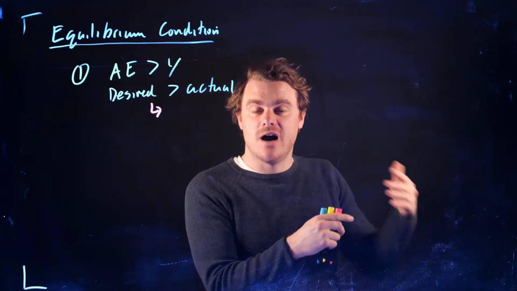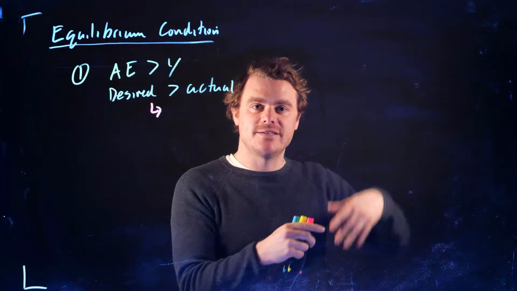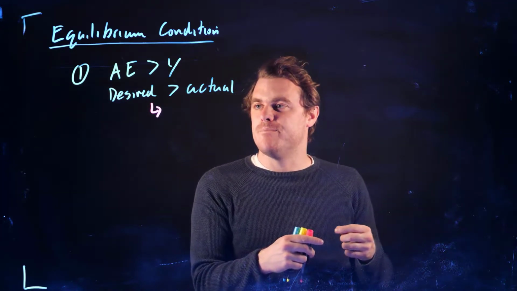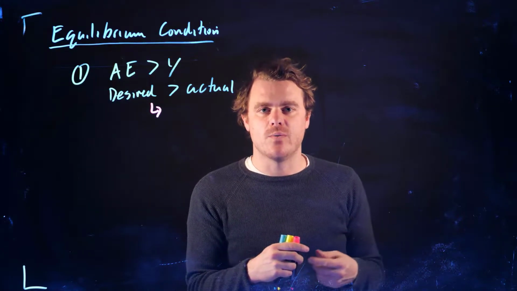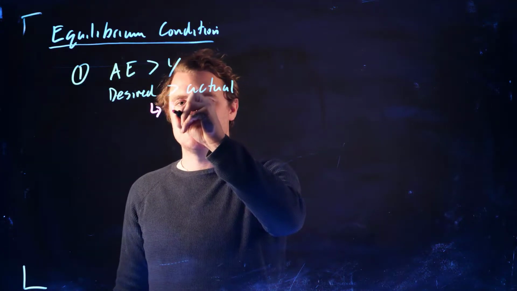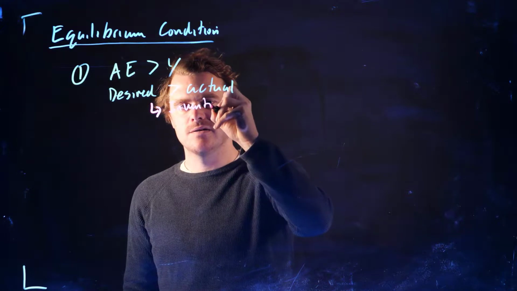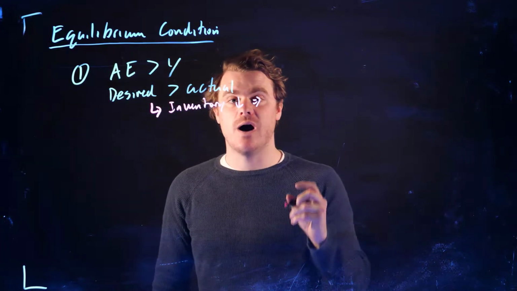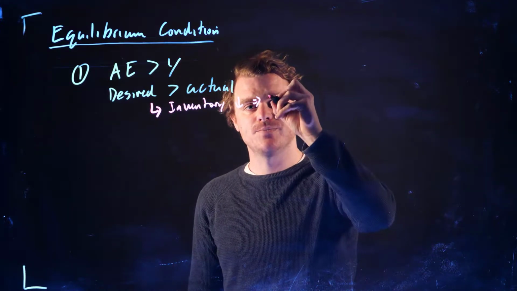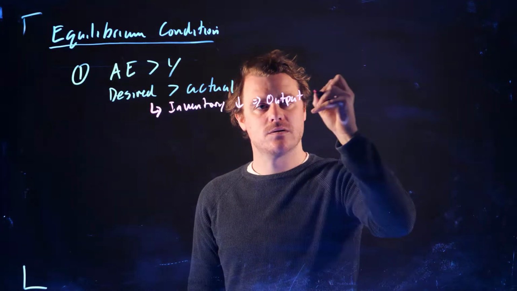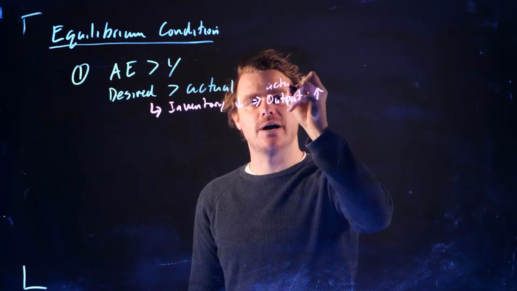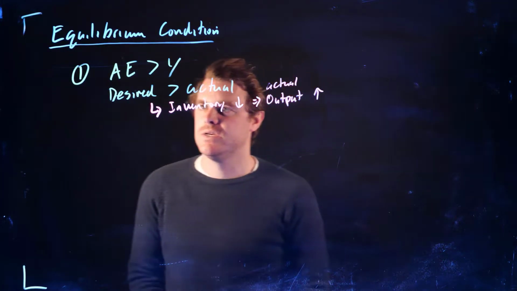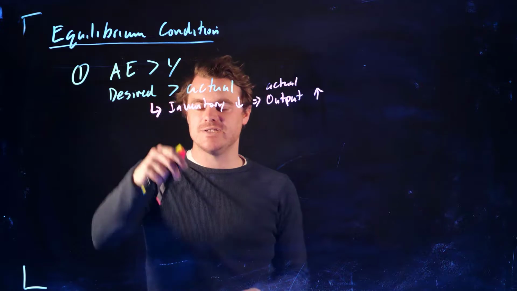We have to bring the stock from the back of the store to the front and order new stuff because people want to buy more than we thought they would. So inventory is falling, which means there's pressure on output to go higher. Think of that as actual output going higher. That's what's going to happen if AE is greater than Y.